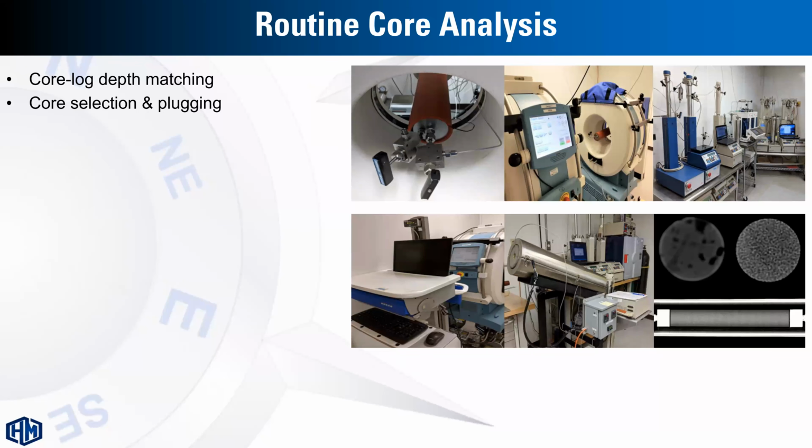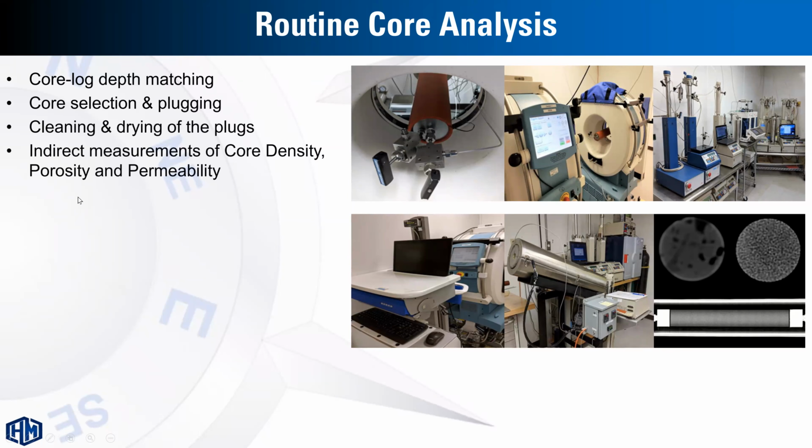In the core lab, we have a specific workflow for routine core measurements, starting with the core log depth matching to correlate between the acquired core depths and the well logging data and wireline measurements, and then core selection and plugging to select certain points or certain depths to cut certain cores to start your routine core measurements, followed by cleaning and drying of core samples and direct measurements of core density, helium porosity and nitrogen permeability.